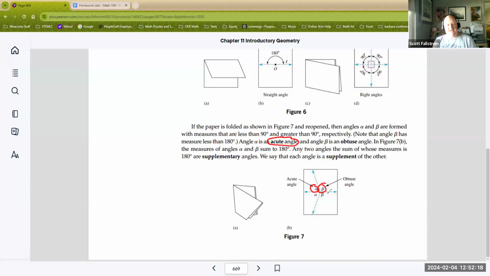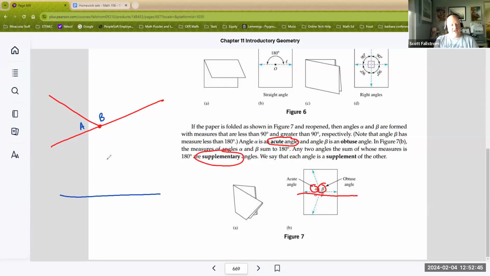Anytime you have two angles that add up to make a straight line, we call them supplementary. So anytime you have a straight line and you cut another line across it like this, you will create two angles. We'll call them angle A and angle B. If you add those together and get 180, we would say A and B are supplementary.